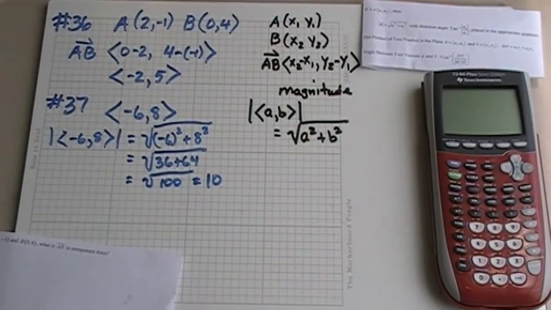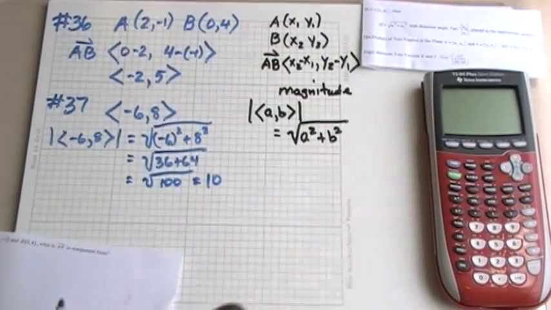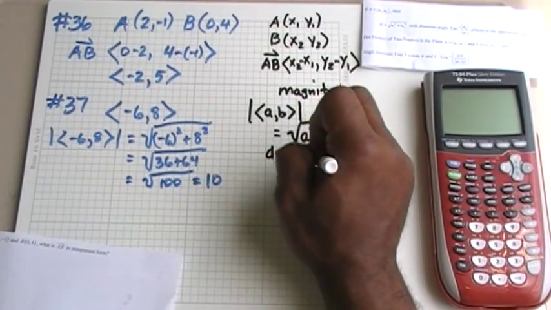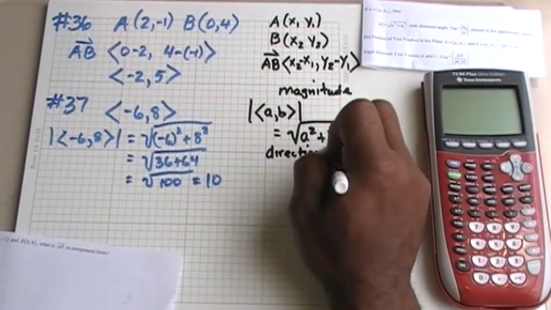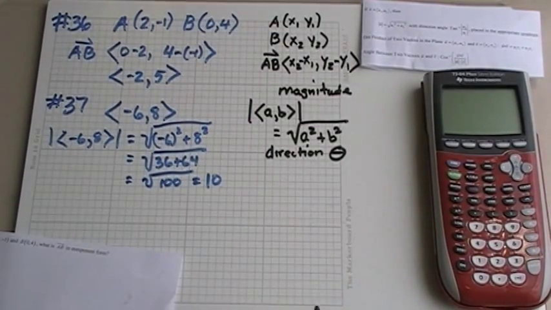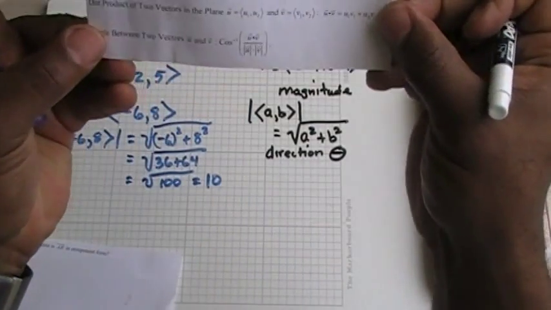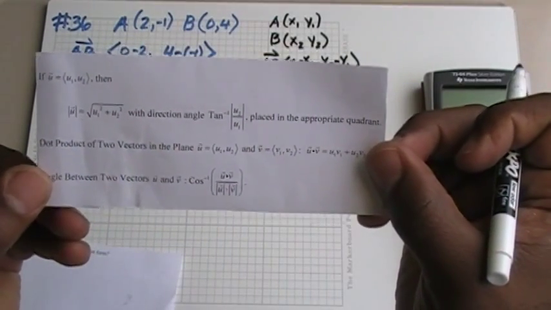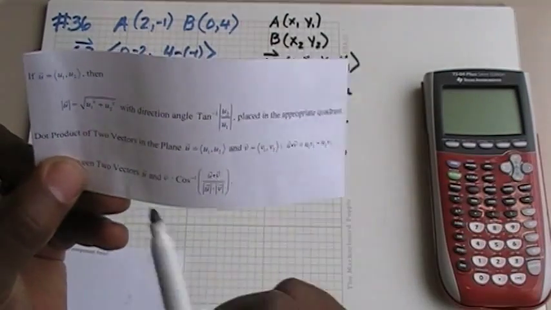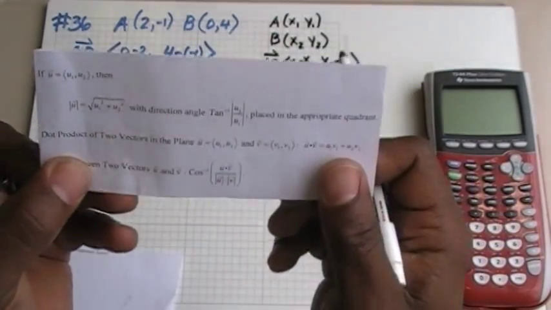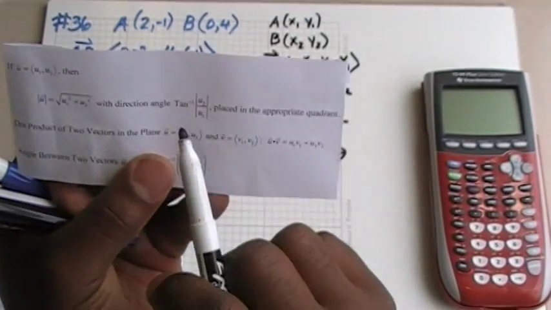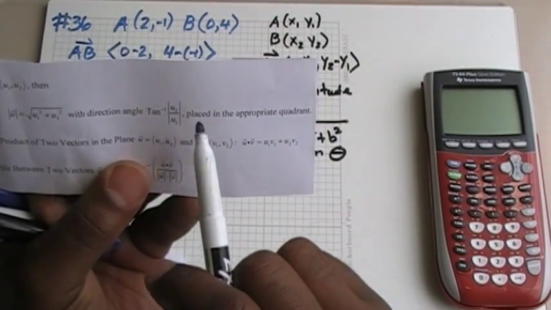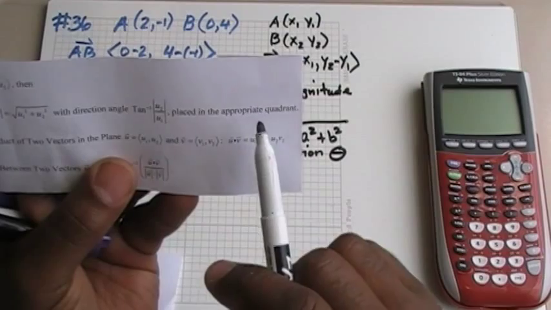Now finding the direction, which we're going to denote as theta. Two things. The formulas given to you tell you that the direction of the angle is inverse tan of u sub 2 over u sub 1, the absolute value of it, placed in the appropriate quadrant.